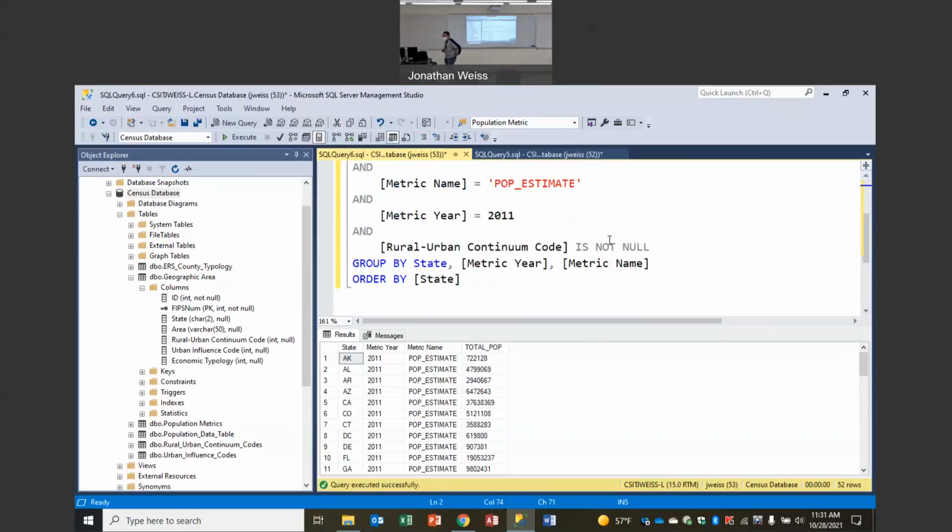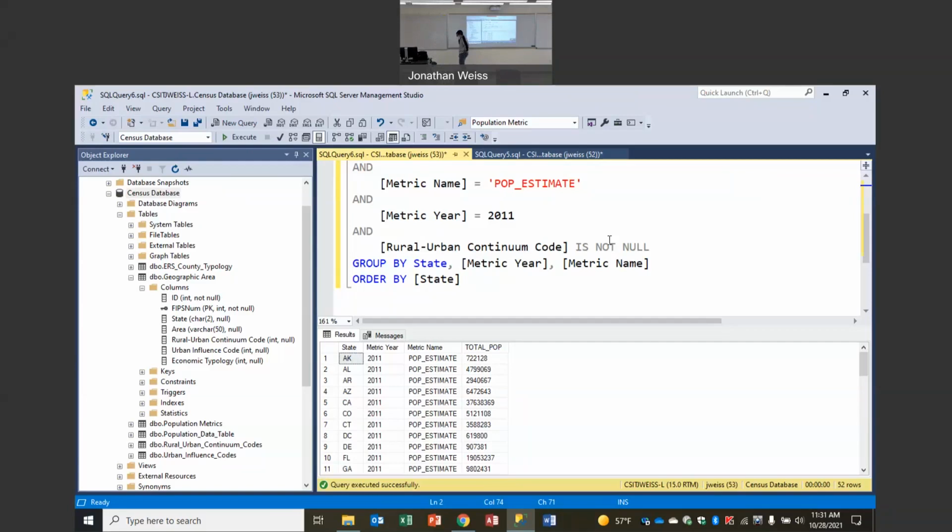And we're finding out that the total of all those counties is the same as what they put in the database for the state. So it's a good way of validating the data. We're checking to make sure we get the same answer, whether we look at the aggregate value that they provided in the census data, or if we look at the component counties that make up that aggregate value.